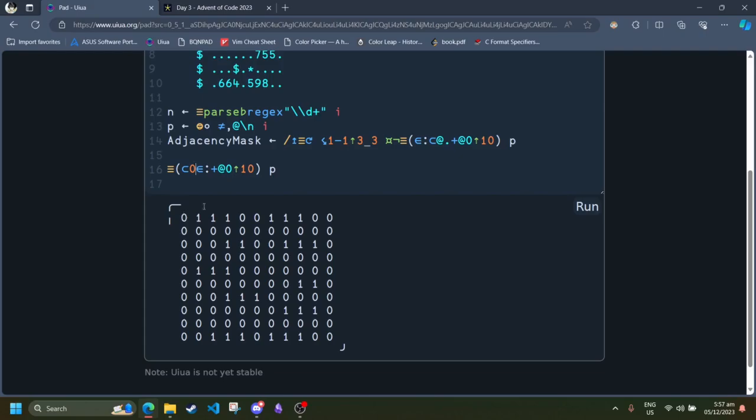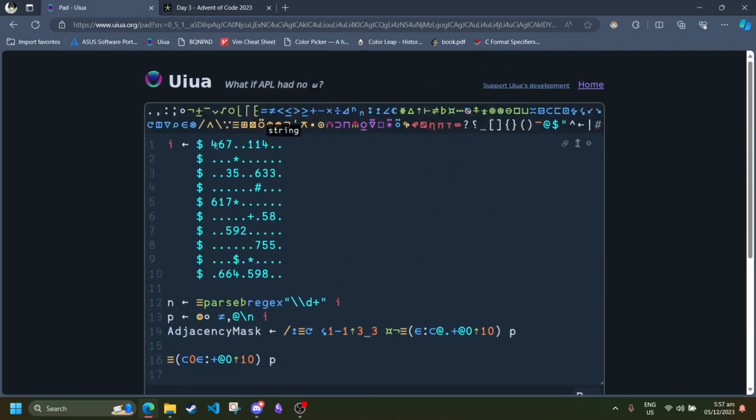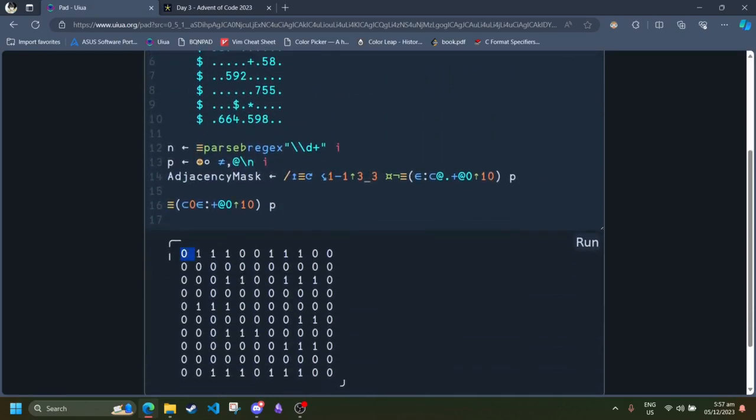That way, to know if a number begins, we just check pairwise if there's a 0, 1, because that's the only time a number begins. Like 1, 1 means it's in the middle of a number, and 1, 0 means a number is ending, and we don't care about that. We only care about the 0, 1s. Now we can do a window 2.